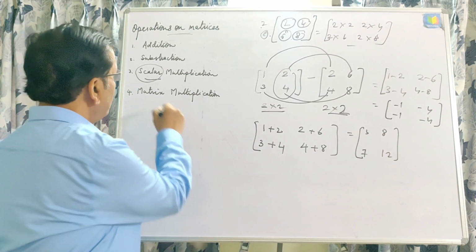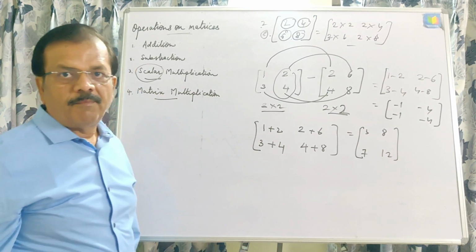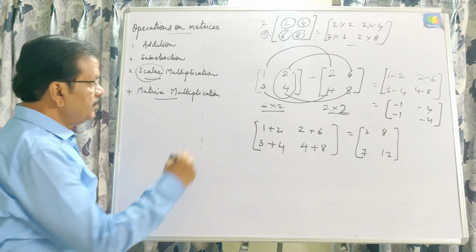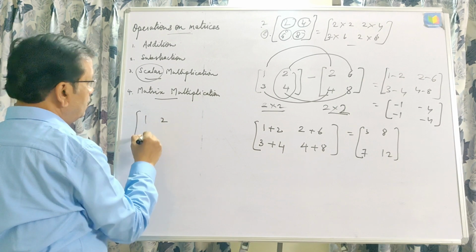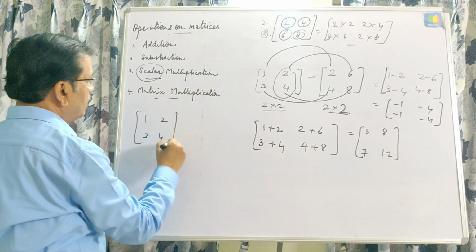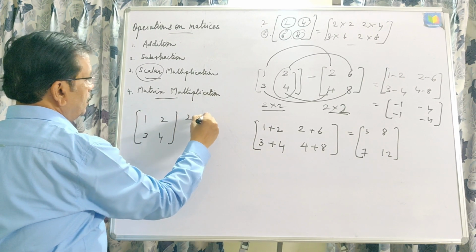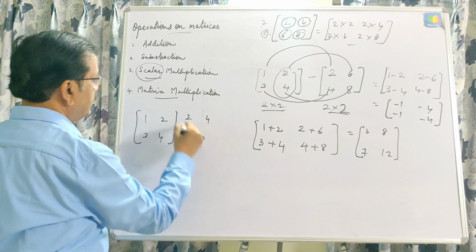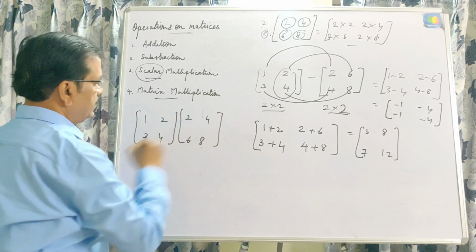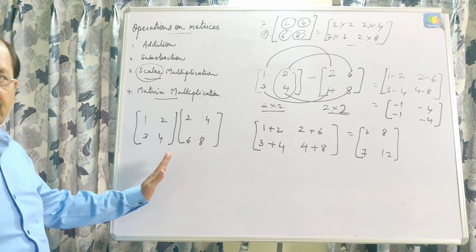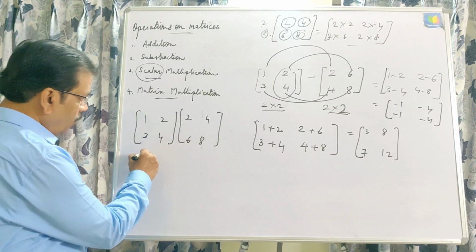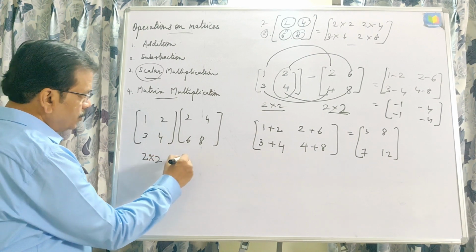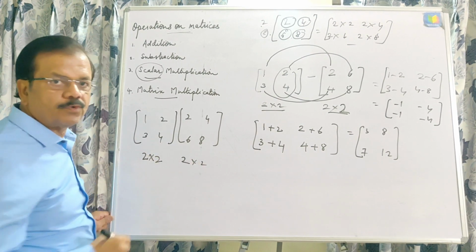Okay. Now the matrix multiplication. In matrix multiplication, again we will see the order. Now you can see here 1, 2, 3, 4 and 2, 4, 6, 8. Take these two matrices. Again for multiplication we will see the order of both the matrices. Now you can see this order is 2 cross 2 and this order is 2 cross 2.